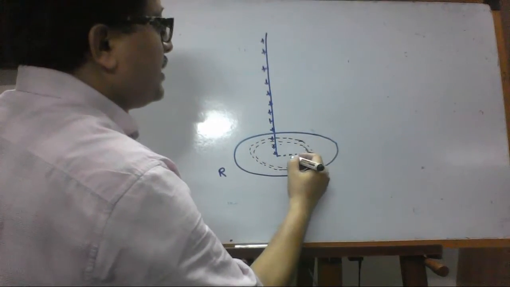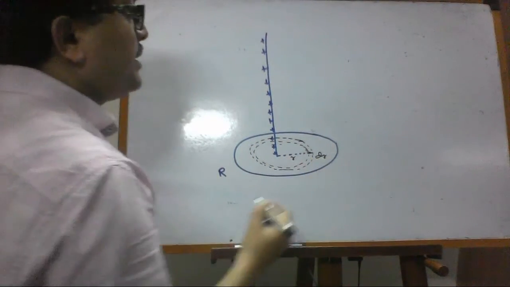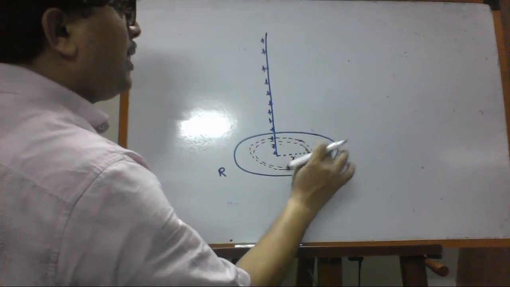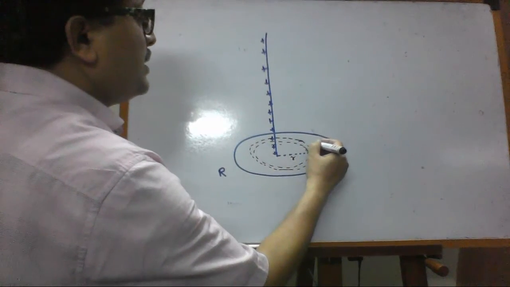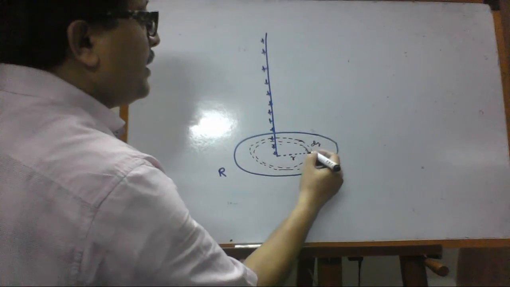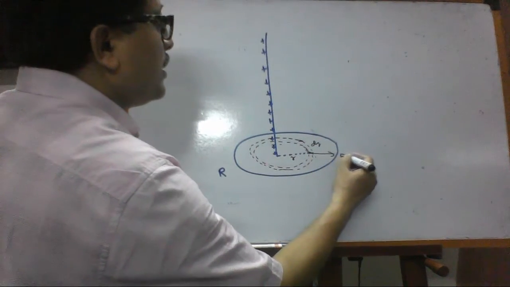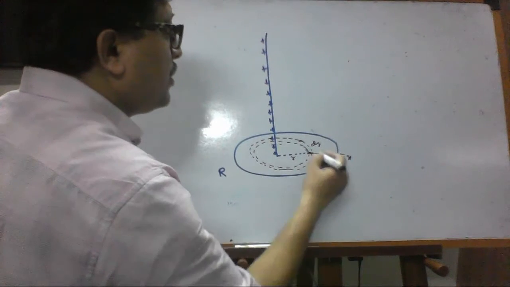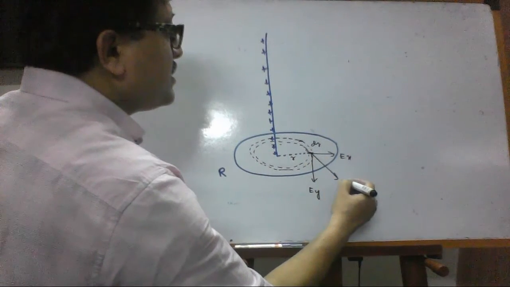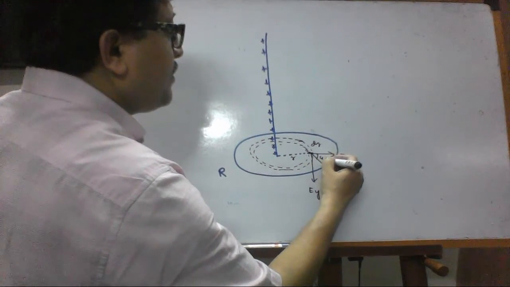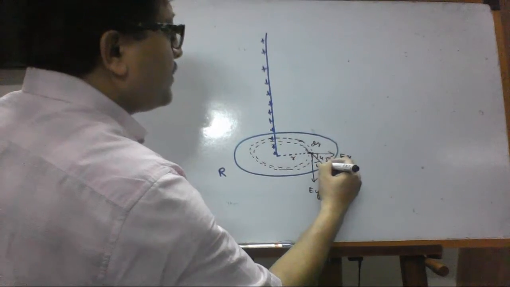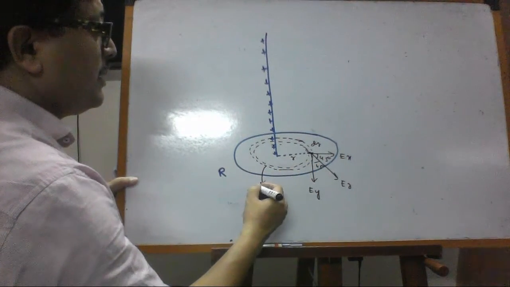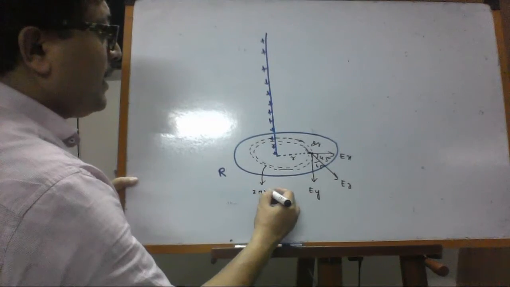This has radius r and thickness dr. The electric field here has two components, along the x-axis as well as along the y-axis. The resultant is ER, this is 45, this is 45. What is the area of this portion? If the radius is r, then the area of this part is 2 pi r into dr.